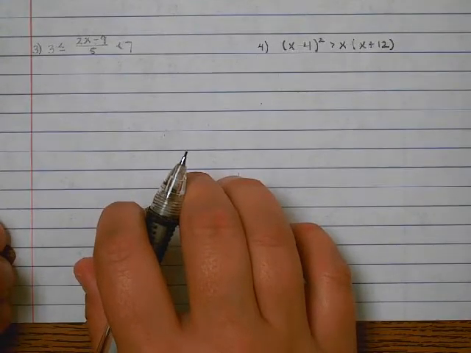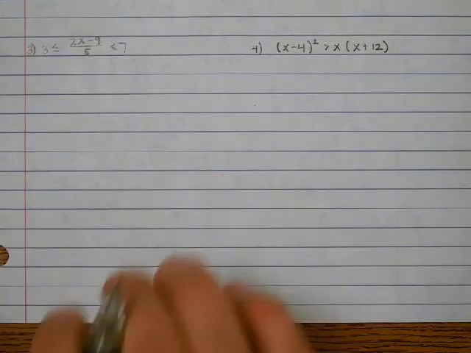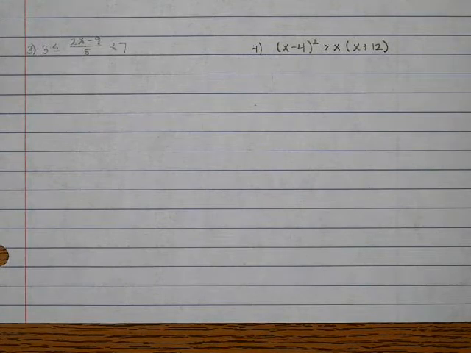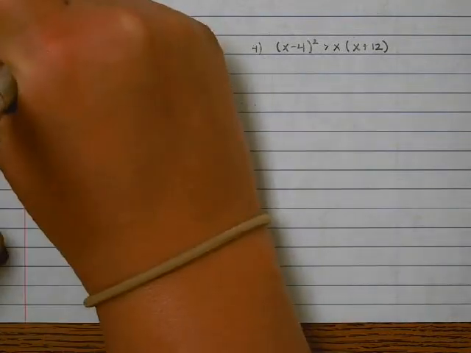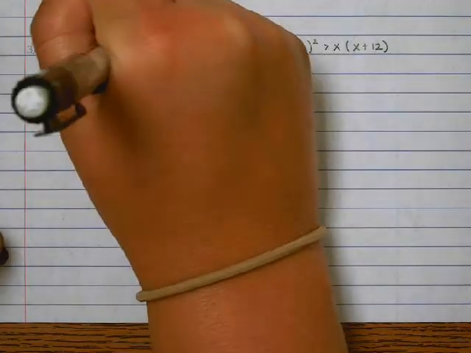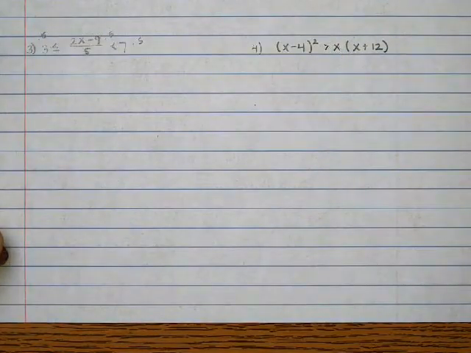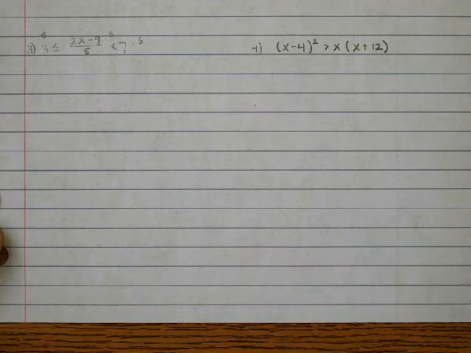Okay, with a compound inequality, like number 3, we want to get x by itself on the inside. The first thing I would do is multiply everything by 5. When I say everything, I mean the left-hand side, the middle, and the right-hand side all have to get the operations.